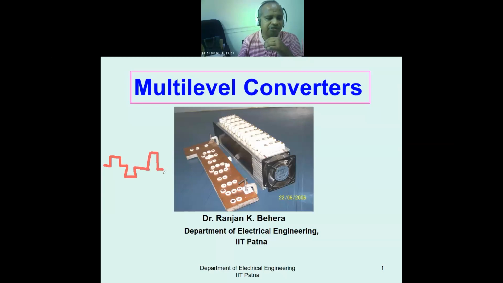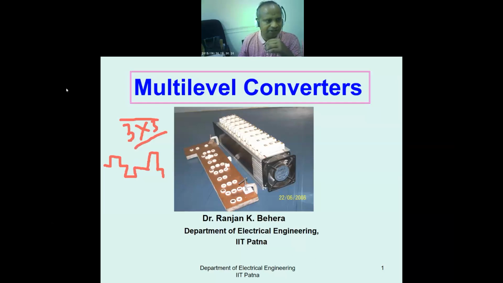When you find the Fourier transform of this quasi square wave, you will find that the third harmonic and multiples of 3 are absent here. This is nothing but VDC, 0 and minus VDC, three levels in a quasi square wave, where the third harmonic components are absent.